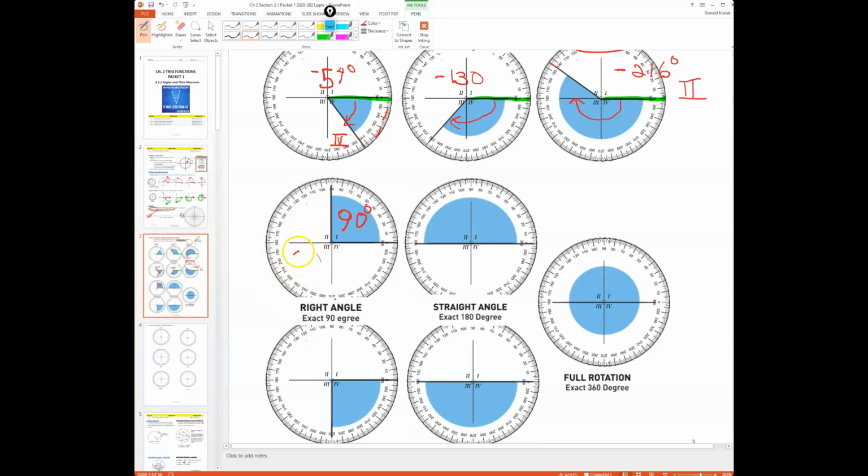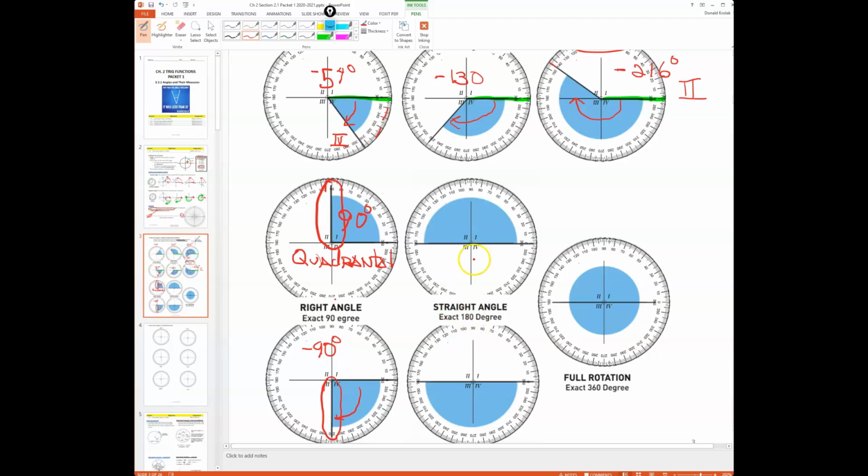The name of these angles, when they end on an axis, is quadrantal angles, because it ends on one of the axes. So our negative 90 degree is also a quadrantal angle, because it ends on the negative x-axis.